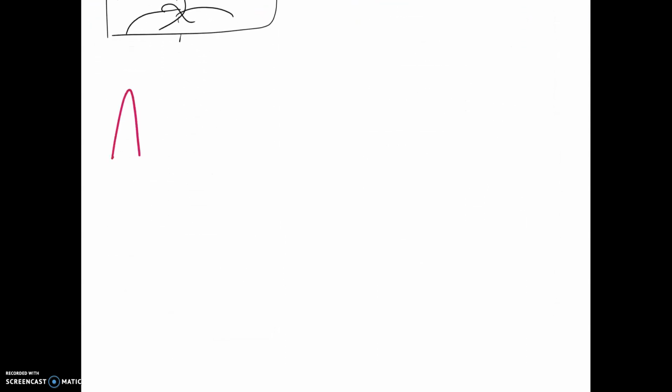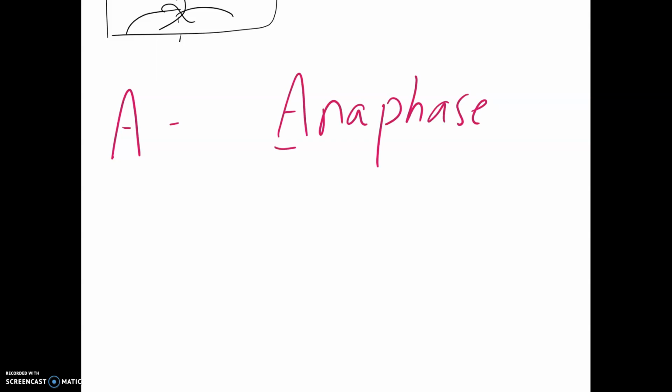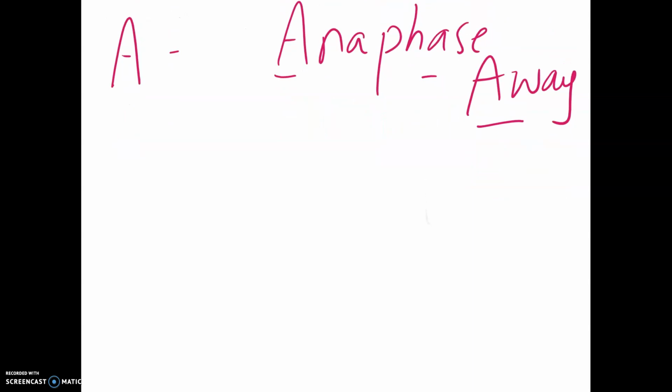This time A stands for anaphase, and to remember A, you can think of away, which is an easy way to remember it. This time the chromatids are pulled away by the spindle, so they move to opposite sides of the cell.